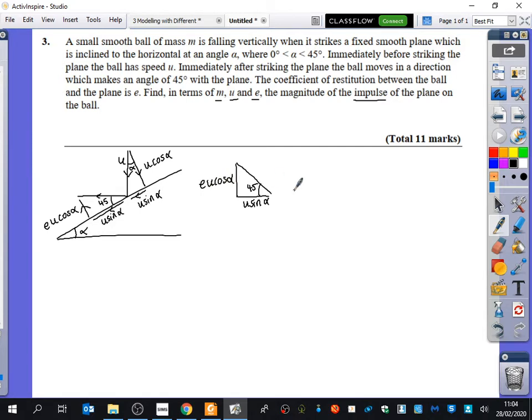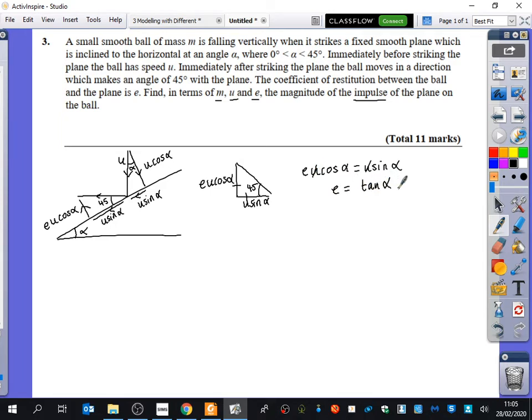They're equal to each other because it is an isosceles triangle. This side and this side are equal because they told us it's bouncing off at 45 degrees. You could either say they're equal, or you could say that tan 45 is e u cos alpha over u sine alpha. So we now get that e u cos alpha is equal to u sine alpha. Cancel the u's, divide by cos, and you get that e is equal to tan alpha.